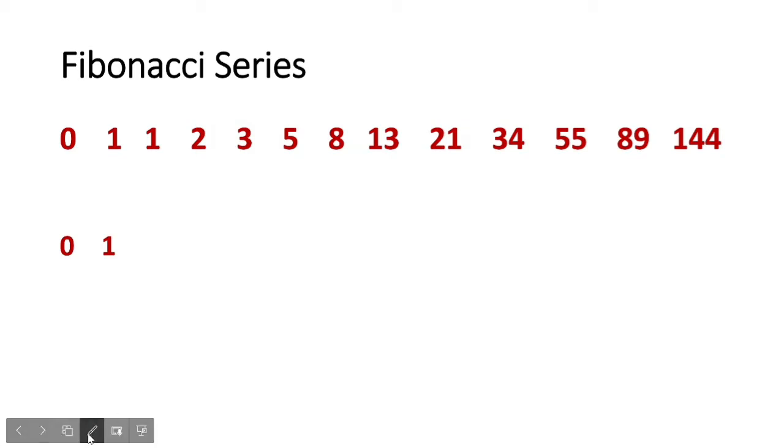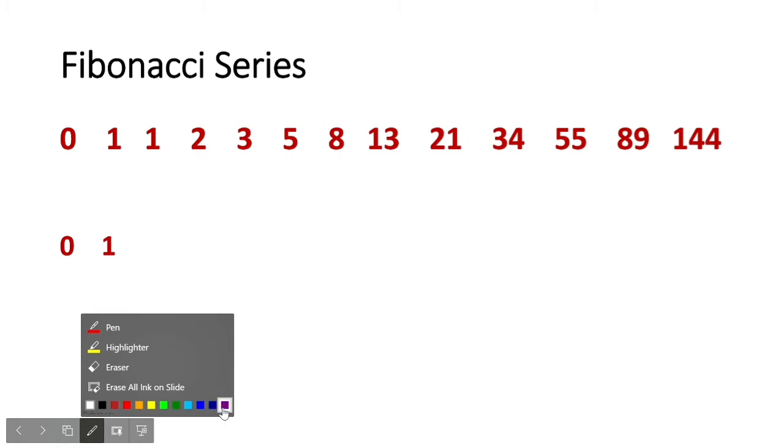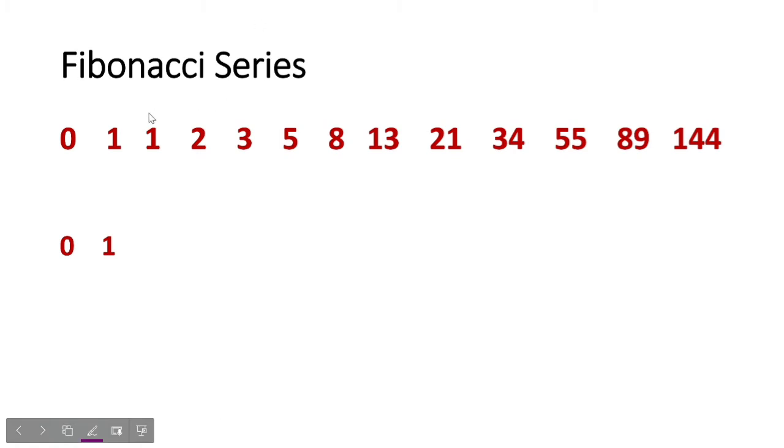Let me just grab a pen and explain this to you. Now, where did this third term come from? This is the summation of 0 and 1, that is, the sum of the two previous numbers. So here we got the third number as 1. Now talking about the fourth term, where did this term come from?